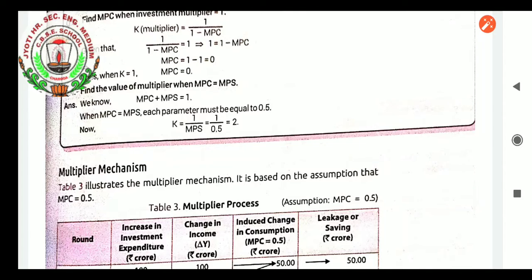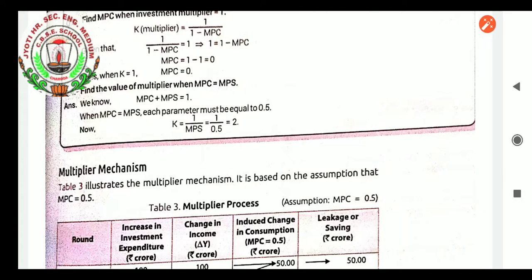In this situation each parameter must be 0.5, only then will MPS equal MPC. So if we place 0.5 in the multiplier formula, we get the answer 2. So the multiplier equals 2 when MPC equals MPS.